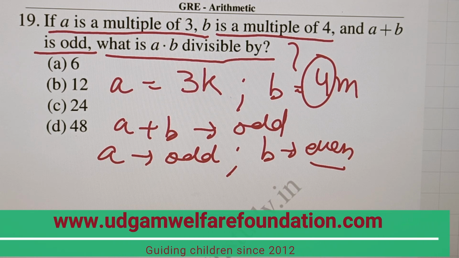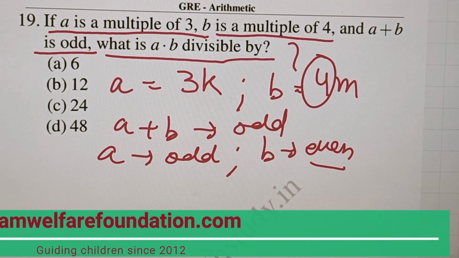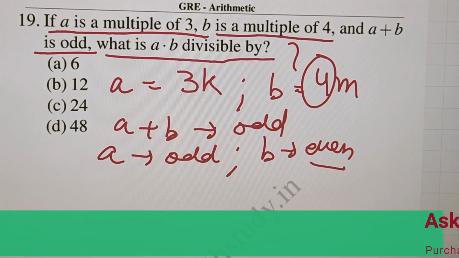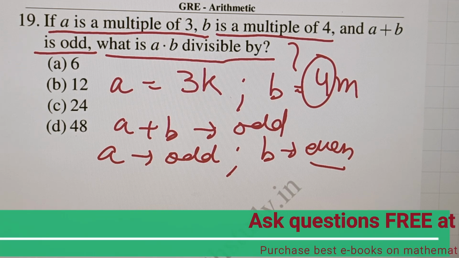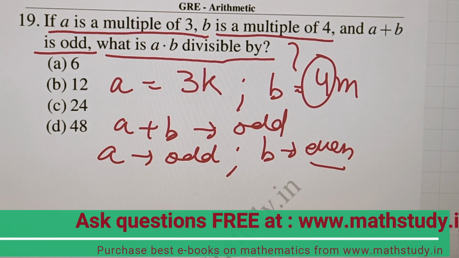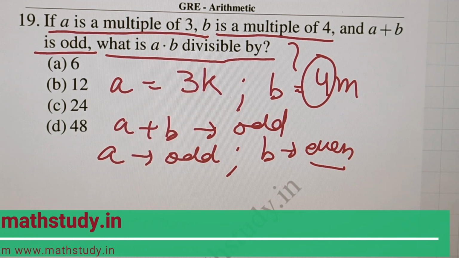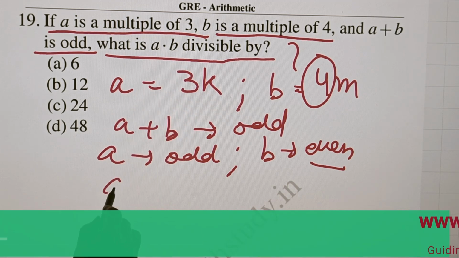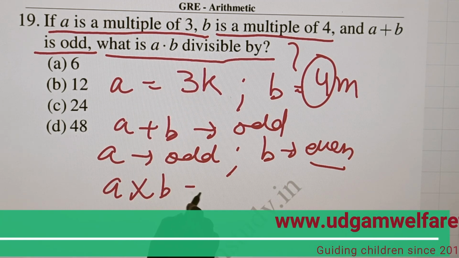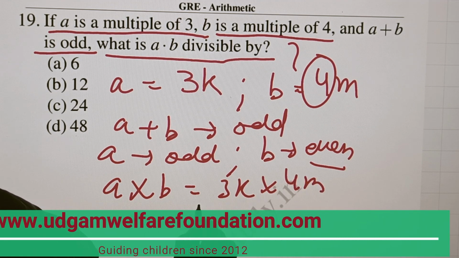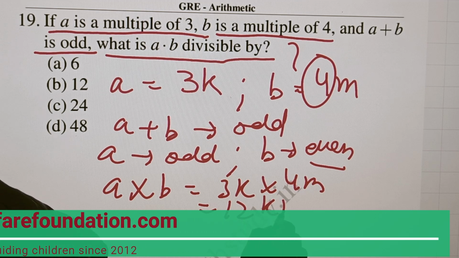We can also get an even number by multiplying 3 with 2 and 4, etc. But to get an odd value of A plus B, we should have one odd and one even here. Now it asks what A into B is divisible by. If we multiply A into B, we are going to get 3k into 4m, which is 12km here.